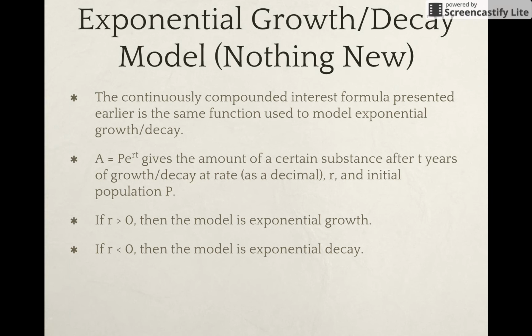In this case, since things could be growing or decaying, we do have the option of our rate being negative, and that would represent exponential decay if the rate is less than 0. If the rate's positive, then we're representing exponential growth.